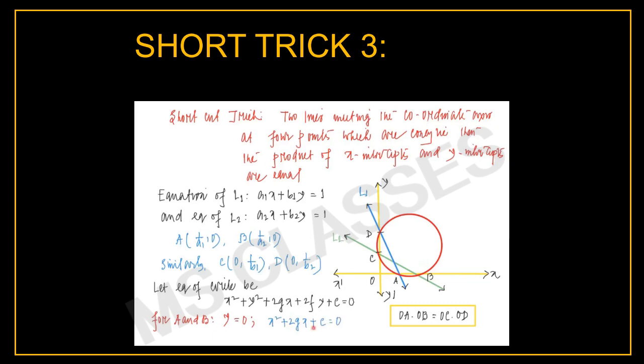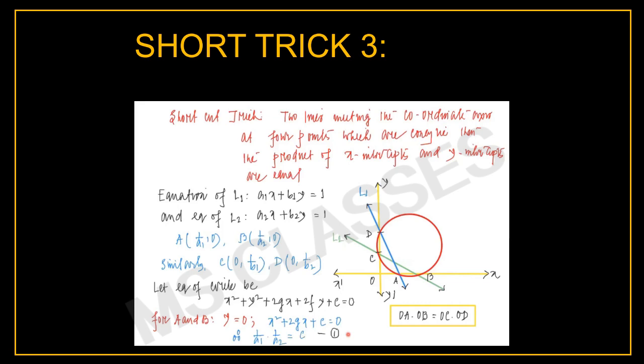Now this equation will have two roots. These two roots are 1 by a1 and 1 by a2. So from here we can say that 1 by a1 into 1 by a2 equal to c by 1, and we mark this as equation 1.